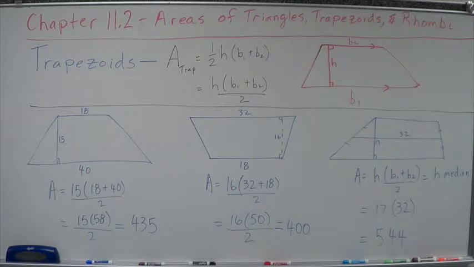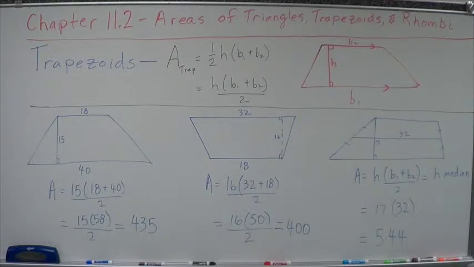A segment that connects the midpoints of the legs of a trapezoid has to be parallel to the bases. What is it? Oh, yeah, median. It's the median. Oh, wow. So they gave us the median.